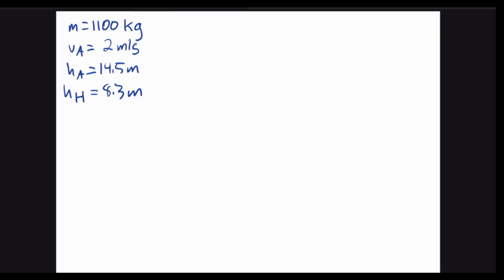Once again, we're dealing with this in terms of energy. That's the whole point. And so we're just going to compare the energy between point A and point H. Remember that the track is frictionless, so we aren't losing any energy along the way to air resistance or the track or whatever. So at each point we're going to deal with the kinetic energy and the gravitational energy.